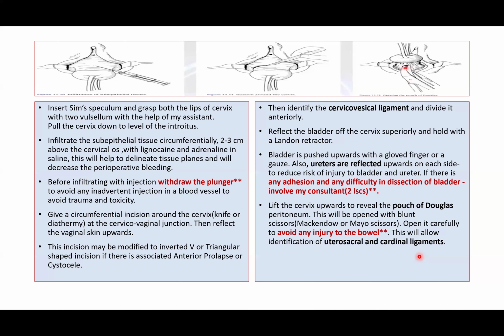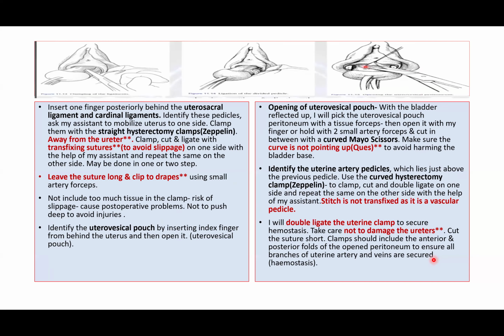In abdominal hysterectomy, it is from top to bottom. Your ovarian ligaments, the round ligaments, then comes your uterine artery pedicle, and the last one is going to be your uterosacral and cardinal ligaments. So now what you have to do here, you are going to insert one finger posteriorly behind the uterosacral and cardinal ligaments.